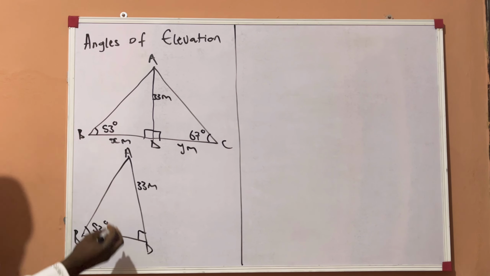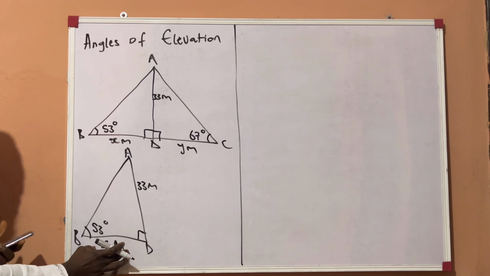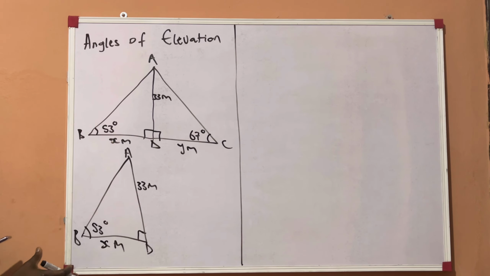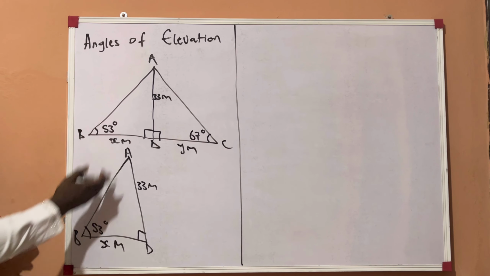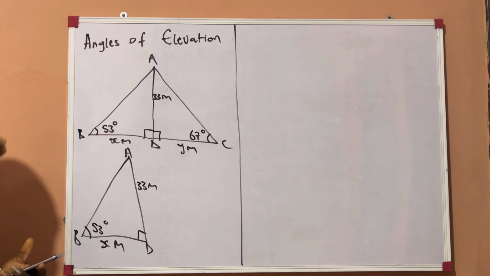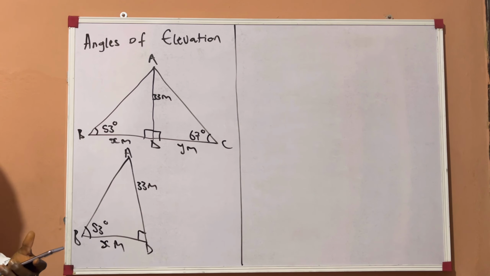So now, remember we said here is X meters. Now the question is, how can I solve for X meters? You will notice that in this right angle triangle, nothing was written on line AB, which is the hypotenuse. So it means we are going to use the trig ratio that does not have hypotenuse, and that is TOA, which is tan.